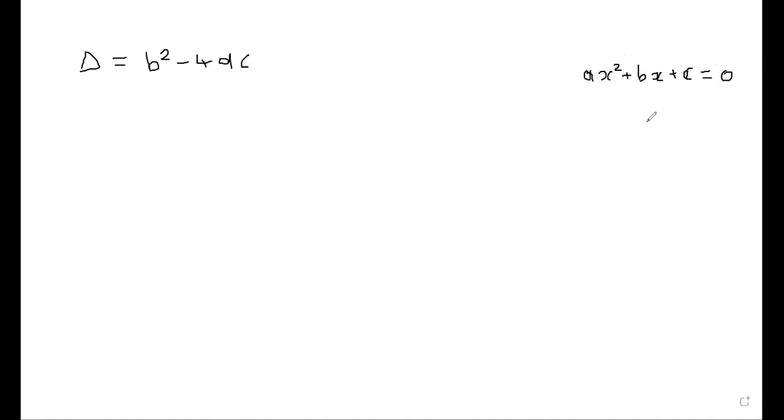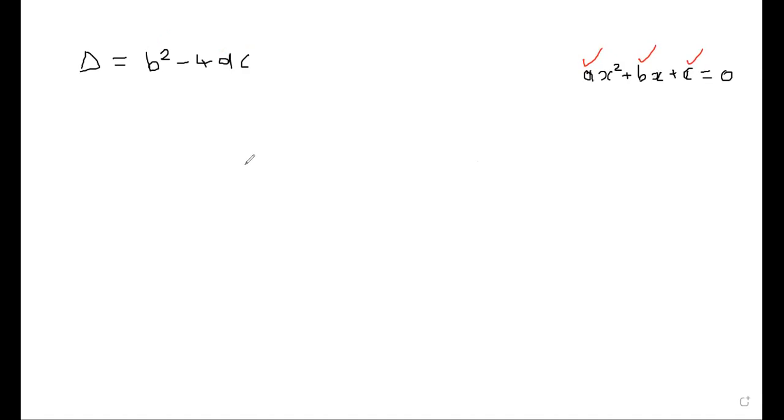This is where we are taking the b from. So the b is from here. That's the b. We also have an a. That's the a. We also have the c. That's the c. So that's b, a, and c. We're taking it from there. So first, let's get our equation in this form.